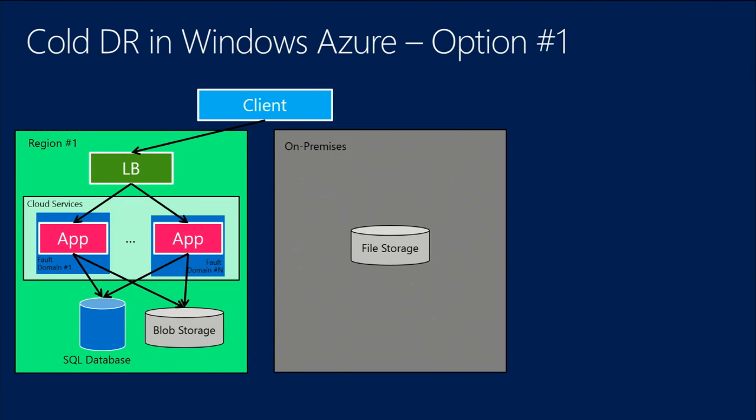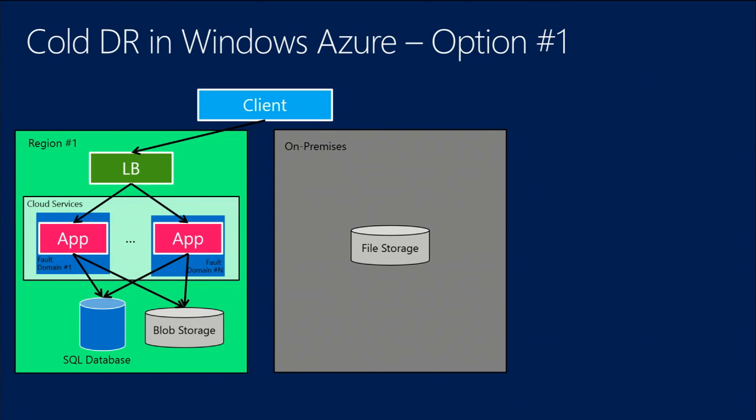No. So by default, Windows Azure leverages fault domains, which basically says that when I deploy something, they won't all be in the same place. They will be placed in different racks. So if one rack goes down, I'm good, because I still have the rest.